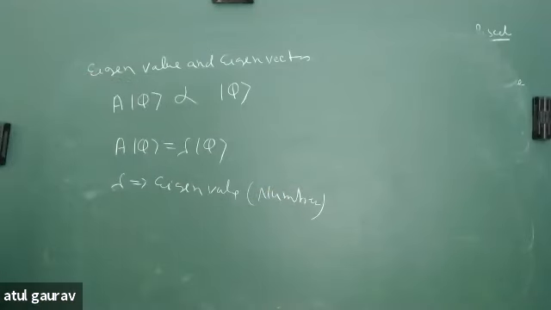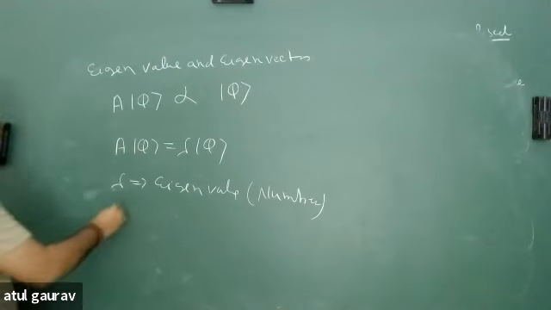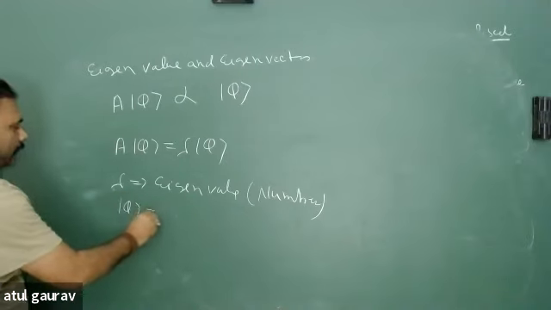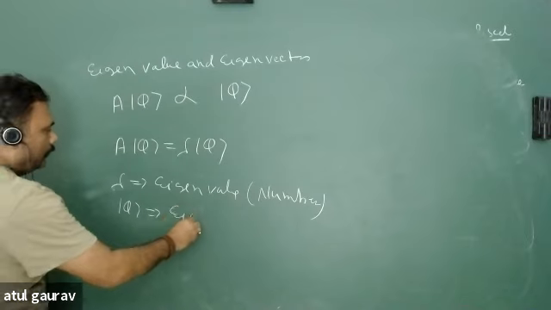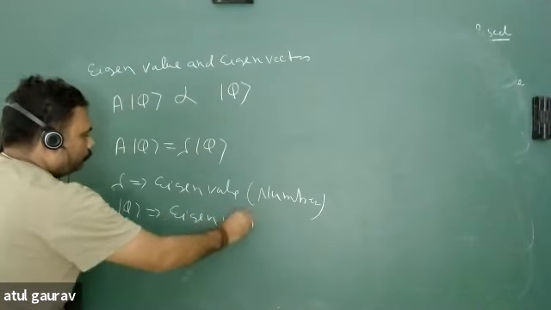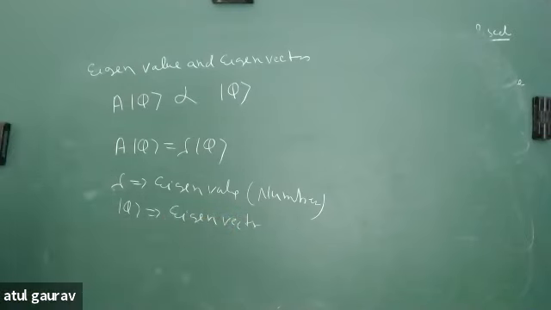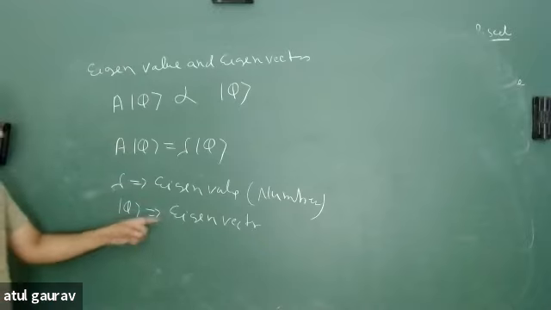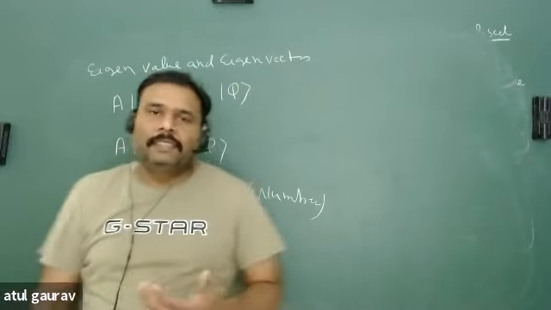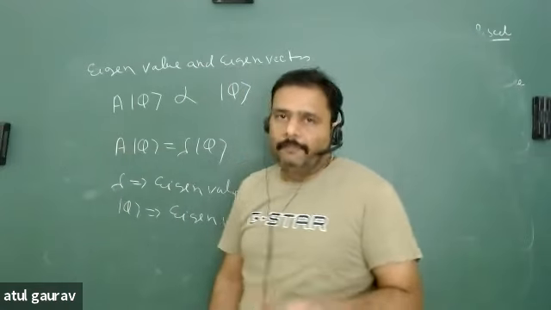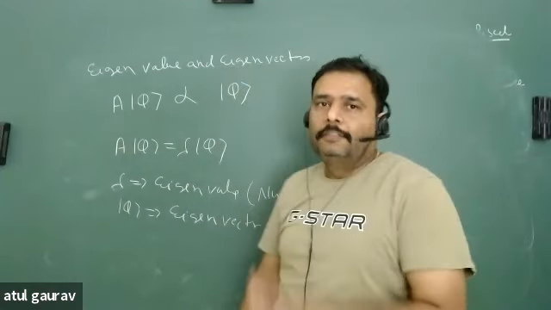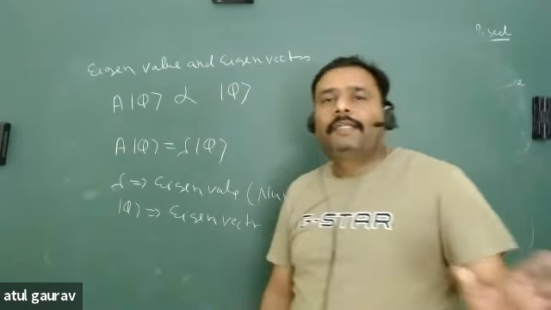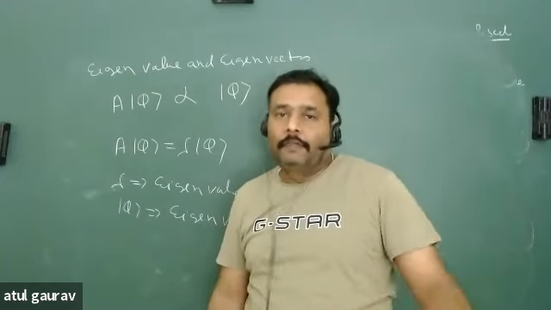And phi is identified as the eigenvector. Obviously phi must be a non-trivial solution, so it should not be the zero vector. The zero vector is a trivial solution, so we will go only for the non-trivial one.